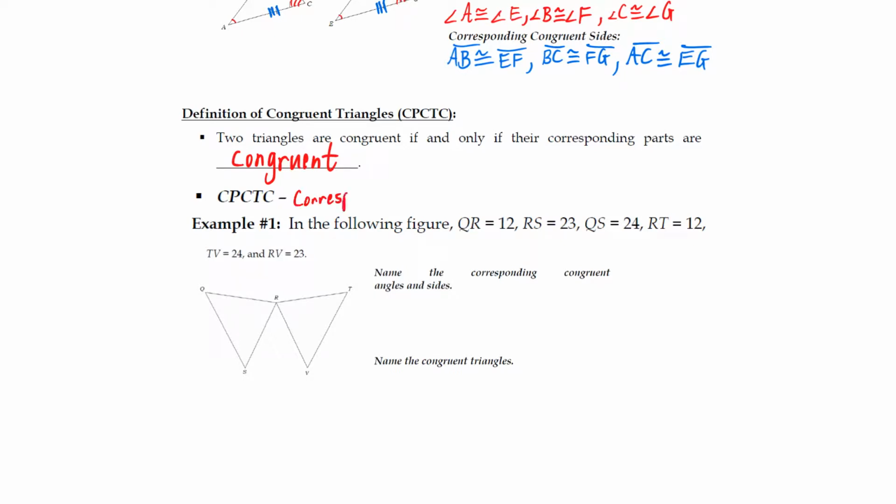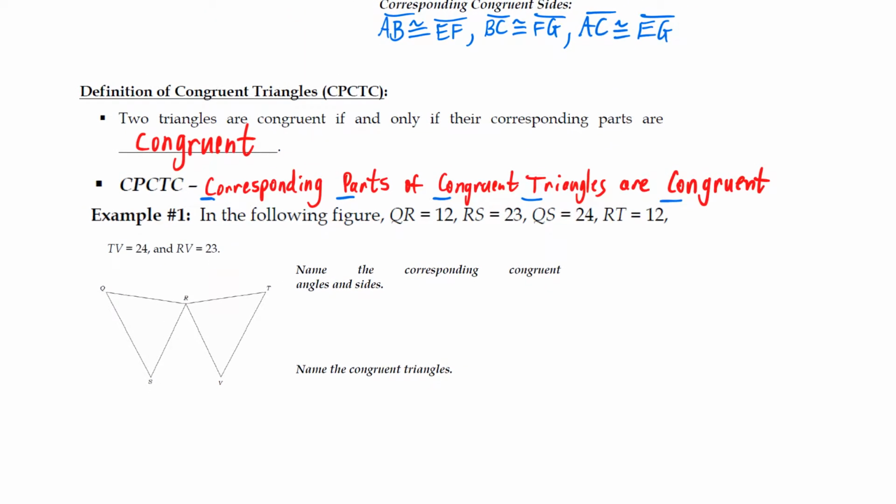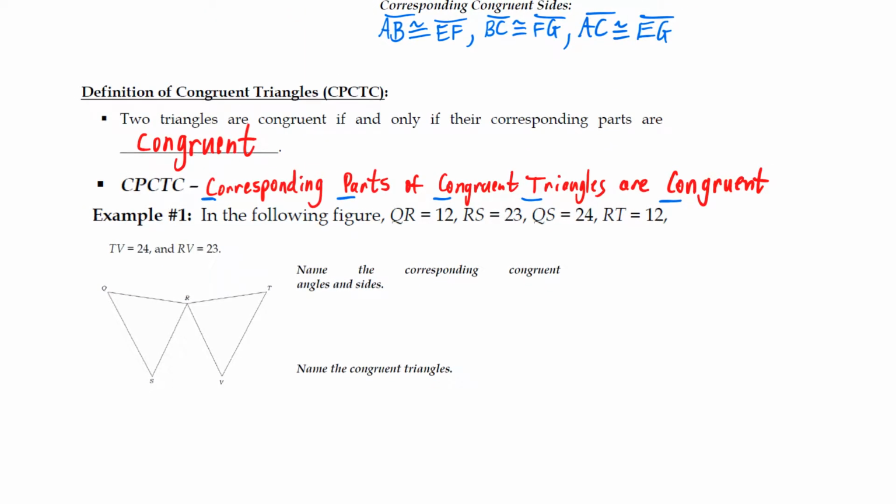Okay, it says corresponding parts of congruent triangles are congruent.